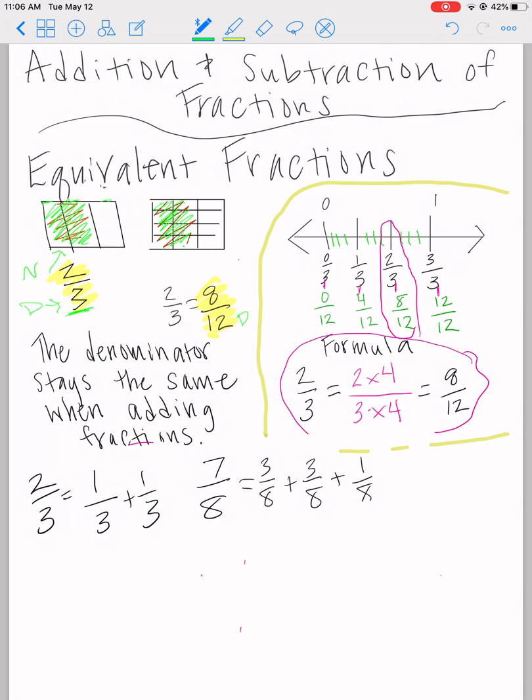Now, how are they equivalent? Using this formula, we'll get to it. But if I were to take 2/3, and then ask what goes into 2 and 3? If we're just doing math, down here, what goes into 2 and 3?